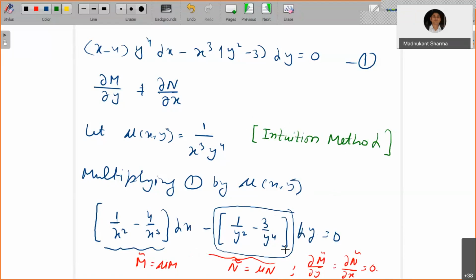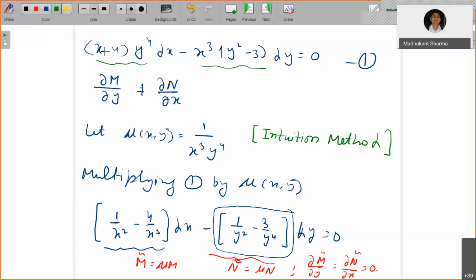Intuition means you are guessing what will be the possible factor. You have to analyze carefully what is M and what is N, what part you remove from your N so that the resulting equation becomes exact. So this is a guess method. You can also look at one of the other things here: both of them are not homogeneous functions of the same degree, because M is not homogeneous.